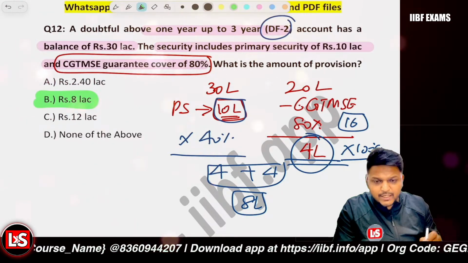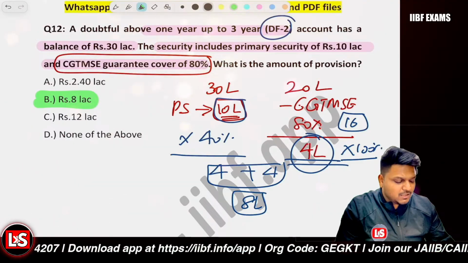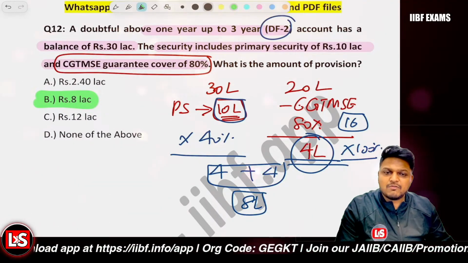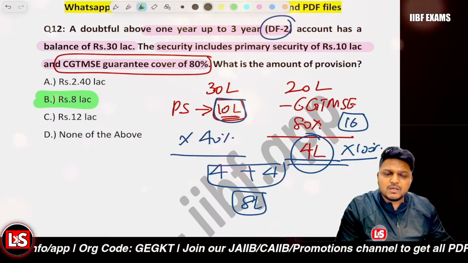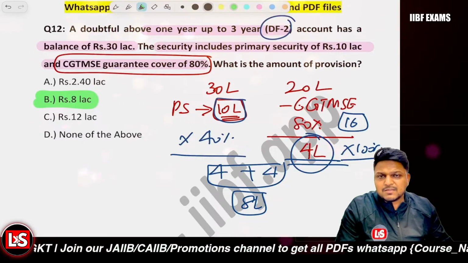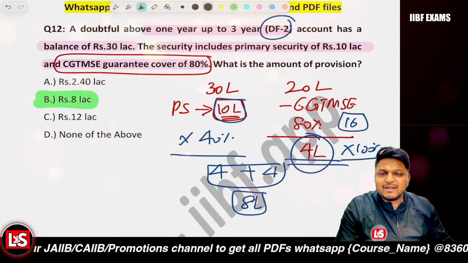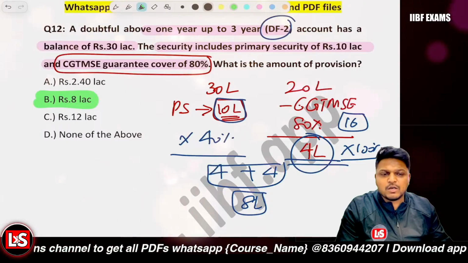Let me repeat again. First thing first, we are not to maintain the provision for the CGTMSC cover. We just subtract the covered amount from the unsecured balance, so that we can reach the amount for which no security or cover is available.